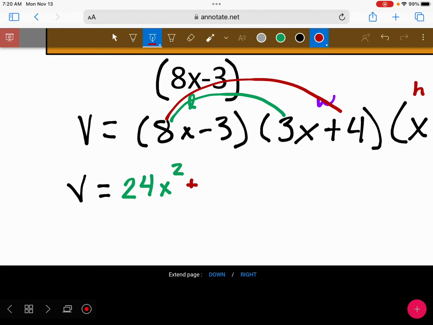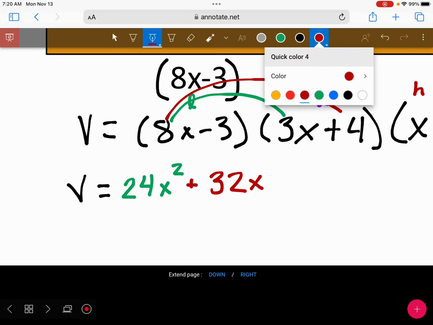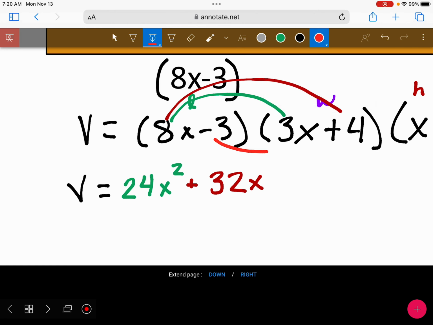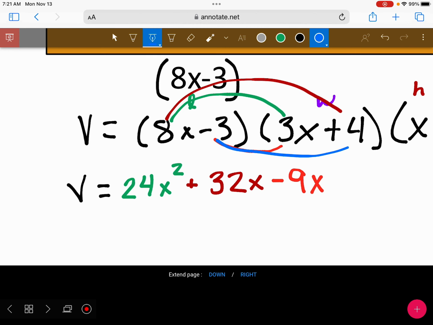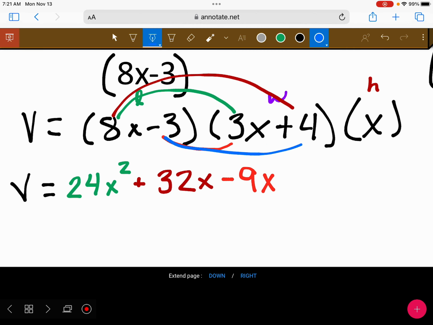We get 32x. We're going to take our minus 3 times 3x, giving us minus 9x. Our minus 3 times our minus 4, giving us minus 12. And then we're still inside parentheses, and this x is still hanging out over here.